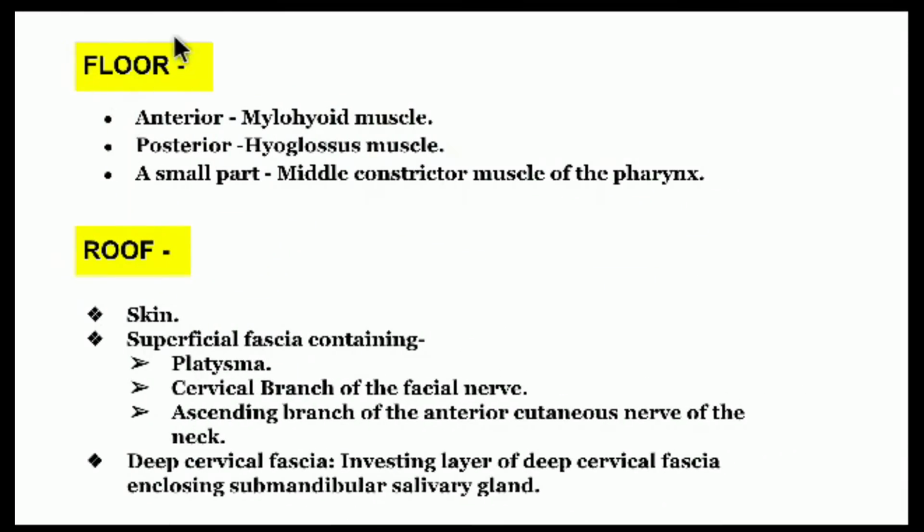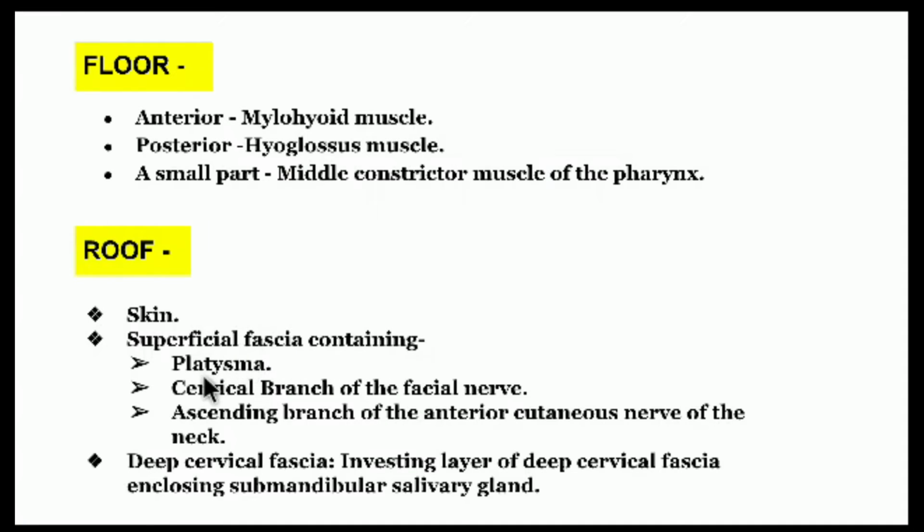The floor of the digastric triangle is formed in the anterior half by the mylohyoid muscle, the posterior half by the hyoglossus muscle, and a small part by the middle constrictor muscle of the pharynx. Again, the roof is formed by skin and superficial fascia.